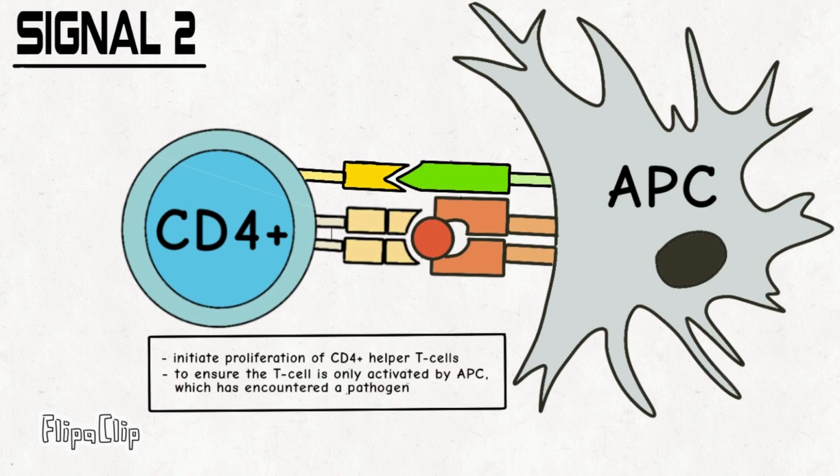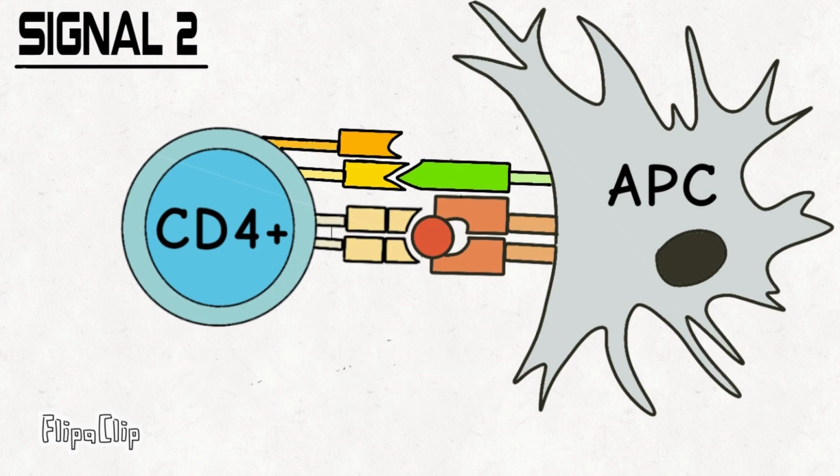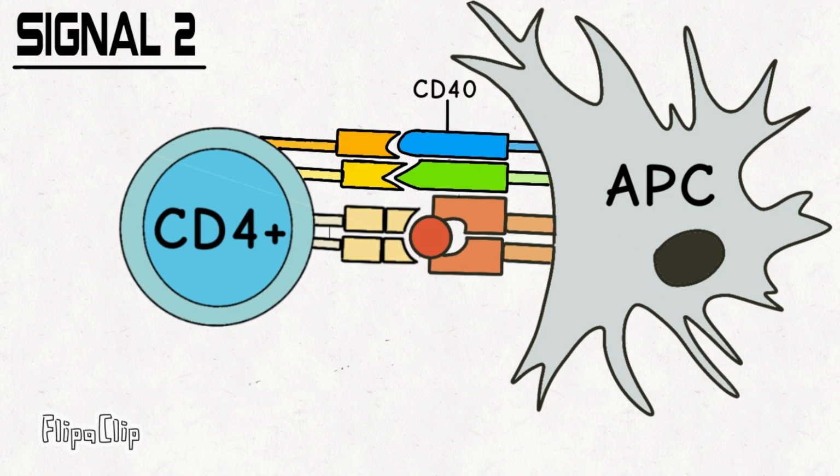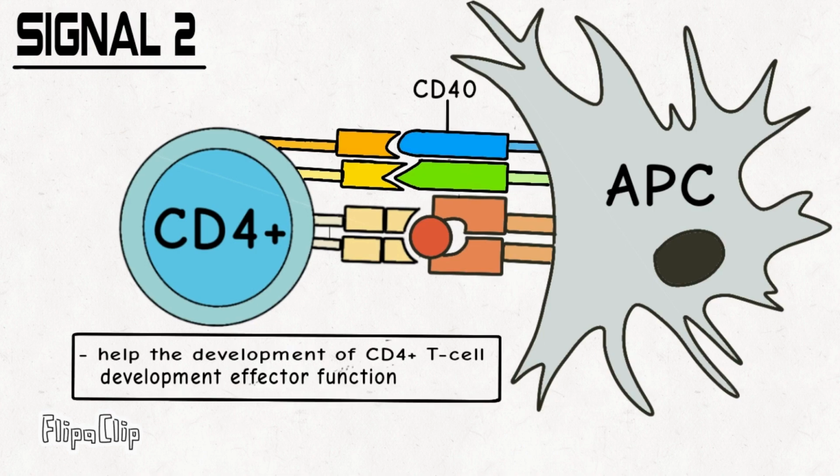To ensure the T cell is only activated by an antigen presenting cell which has encountered a pathogen, CD40 ligand on CD4 positive helper T cell binds to CD40 receptor on the antigen presenting cell, which helps the development of CD4 positive T cell dependent effector function.